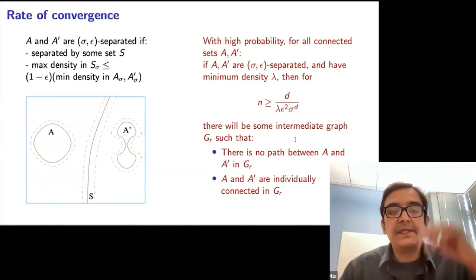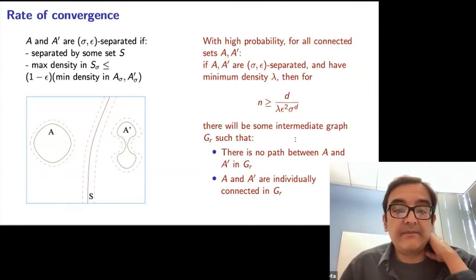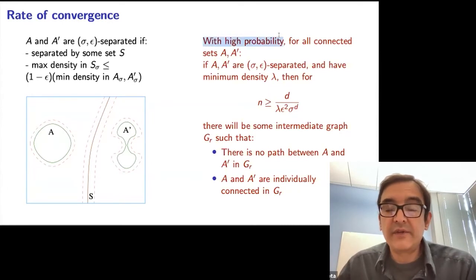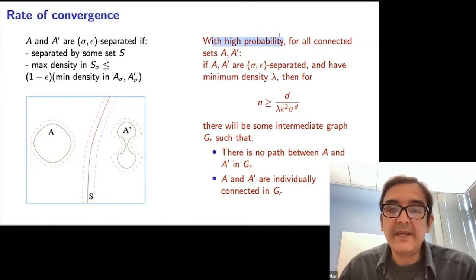So here's the finite sample result then. The following thing holds for the modified single linkage procedure, with high probability uniformly over all clusters A and A prime. Let's say that A and A prime are clusters at level lambda.